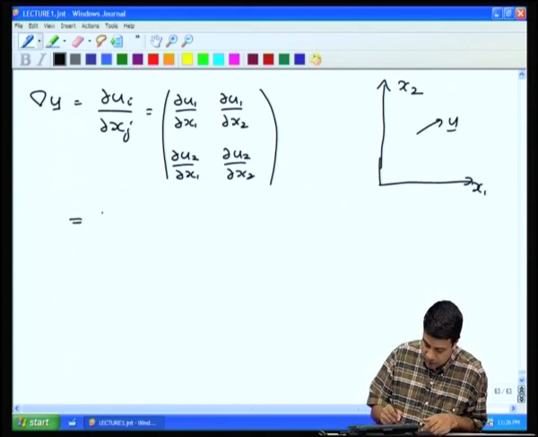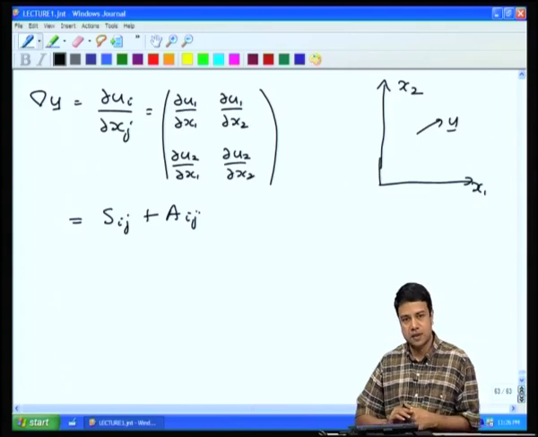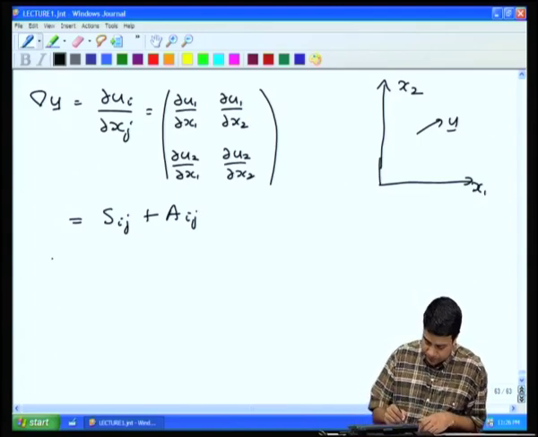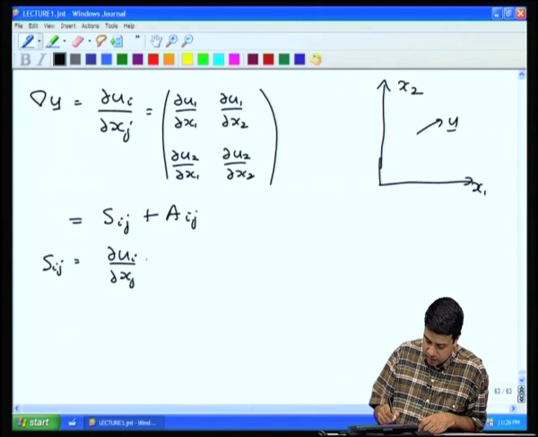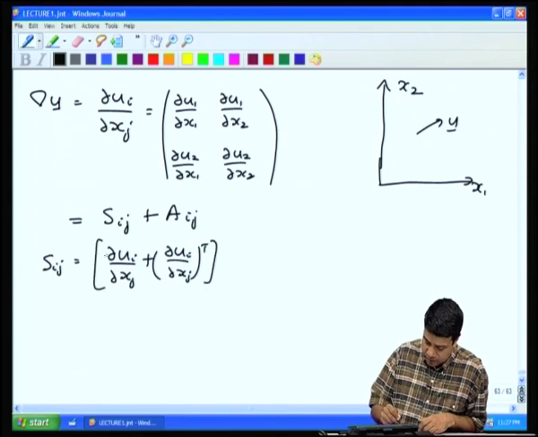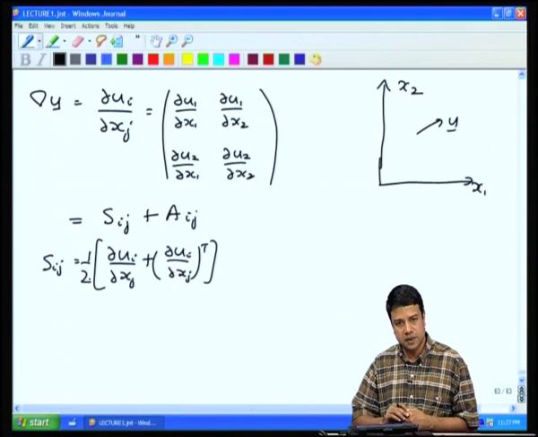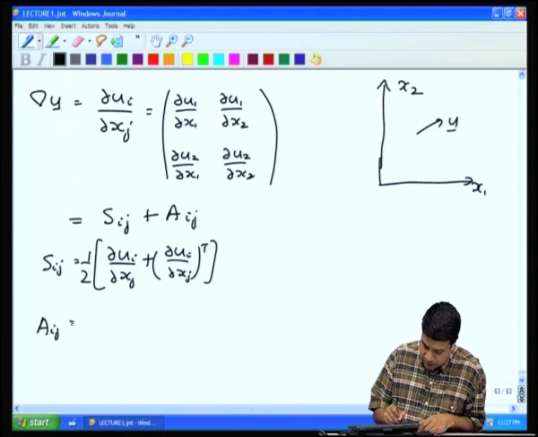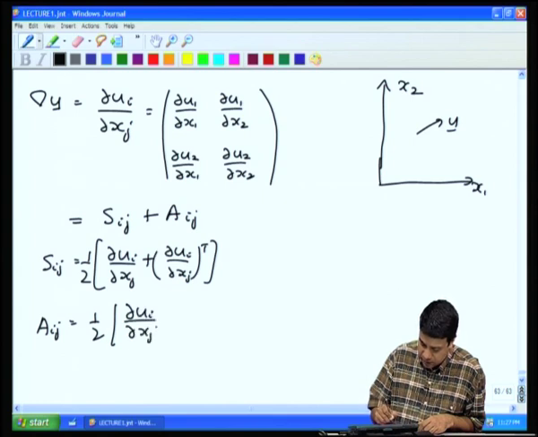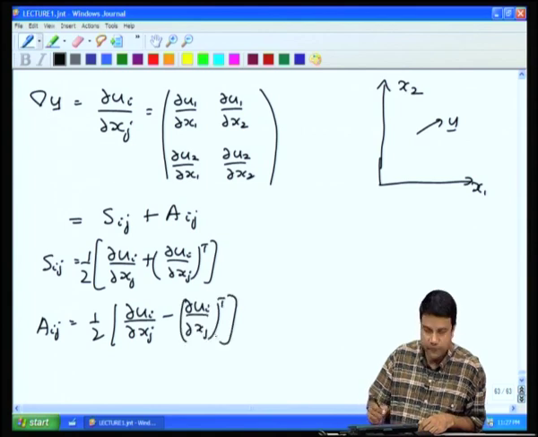So, this can always be written as the sum of a symmetric matrix and an antisymmetric matrix, where S ij is equal to half of the sum of the matrix partial u i by partial x j plus its whole transpose, and A ij is equal to half of partial u i by partial x j minus partial u i by partial x j the whole transpose.